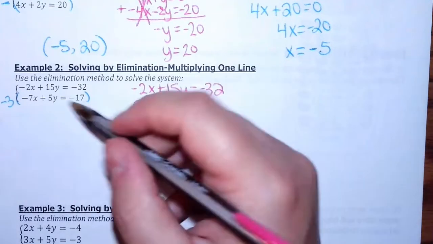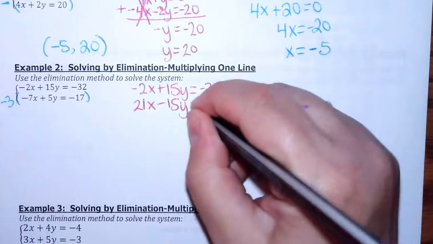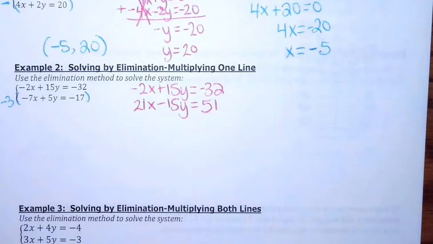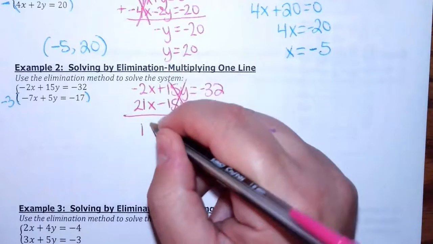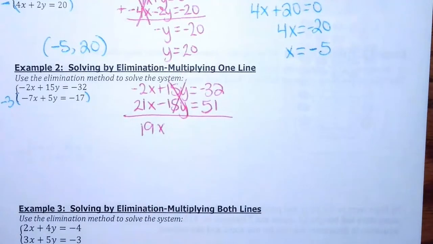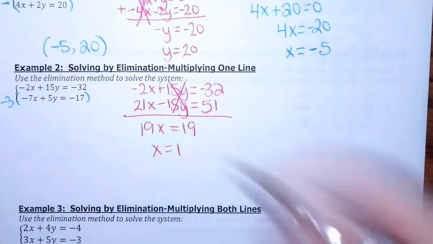And -3 times -17 is going to give you positive 51. We add those two up to 0. This is going to be 19x. Then I take -32 plus 51, and we actually get 19. So x there would just be 1.